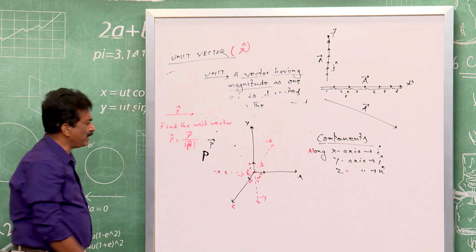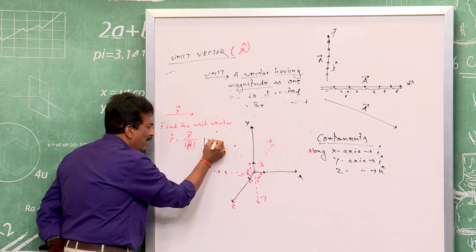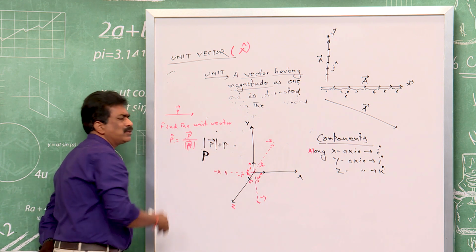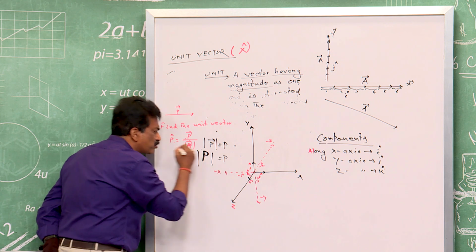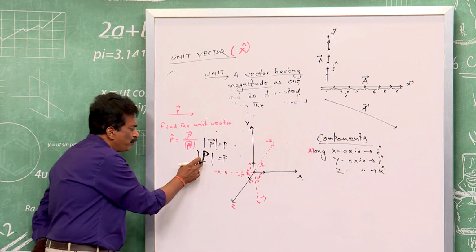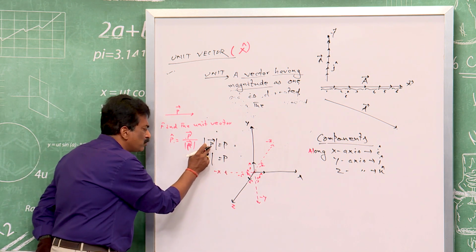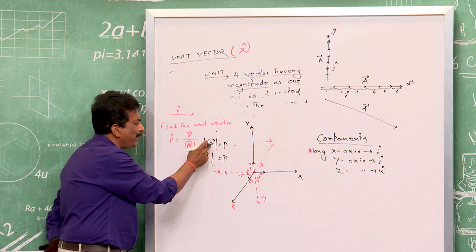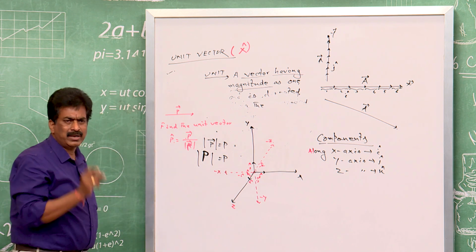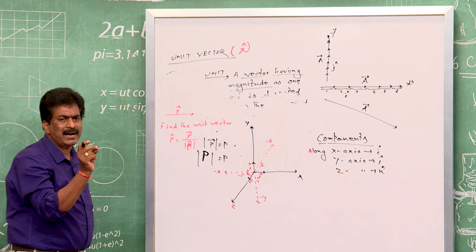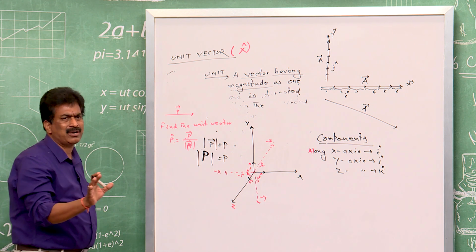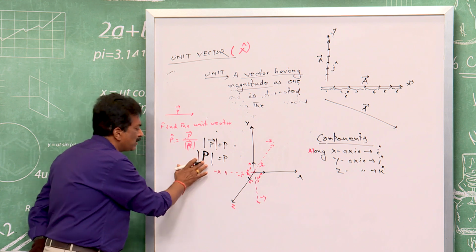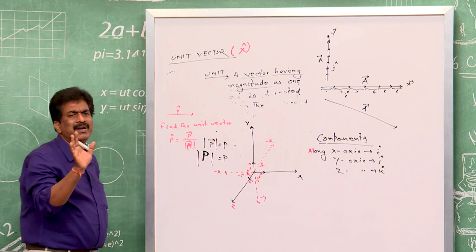Are you clear, my student? So, if the P vector mod is equal to P, and this one mod is also P, then this bold P is equal to the lighter P with the arrow mark. So, if in the book a bold letter is provided with no arrow mark above it, you should understand that with that bold one it is a vector.